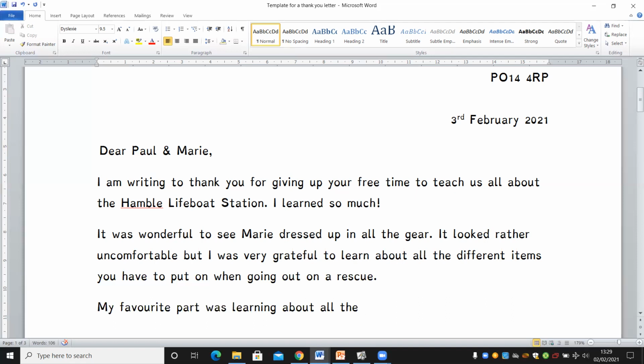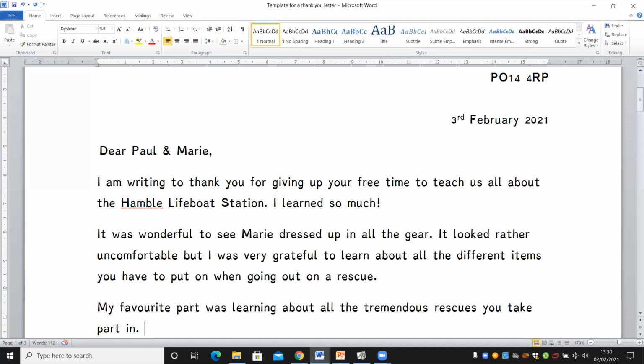Oh, I've already had the adjective different in my previous paragraph, and it's not really good practice to repeat the same adjective. We know so many wonderful adjectives. Let's think of a good adjective. My favorite part was learning about all the tremendous rescues you take part in.